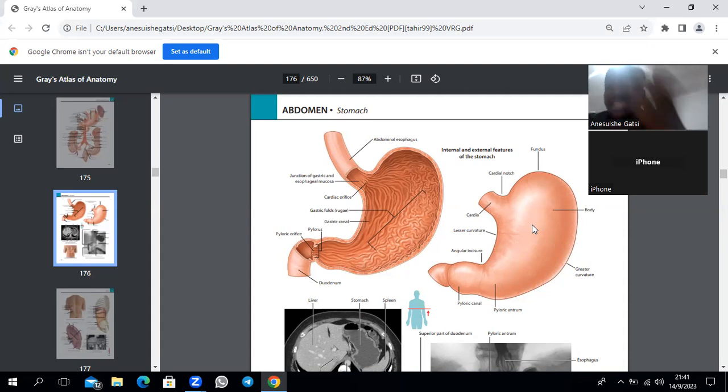So what do we have anterior to the stomach? There is the liver.